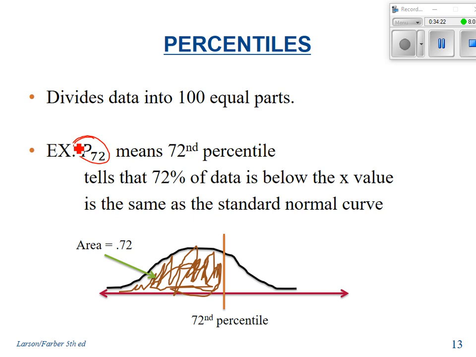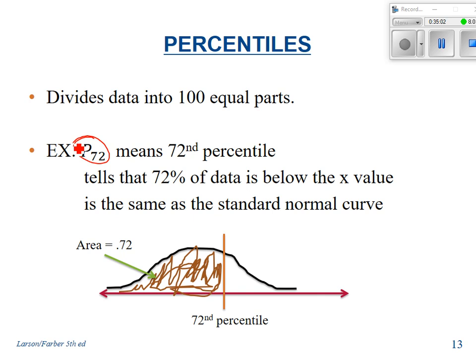You were higher than, or that score was higher than 72% of all the other scores. It tells us that 72% of the data is below that score, whatever it is.